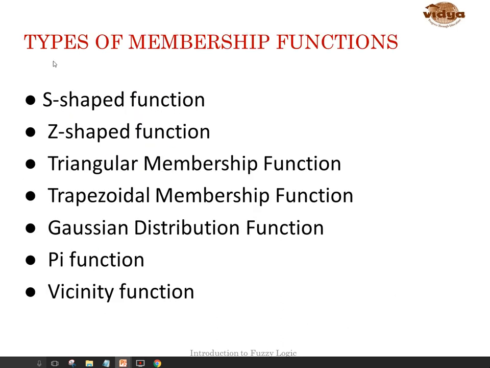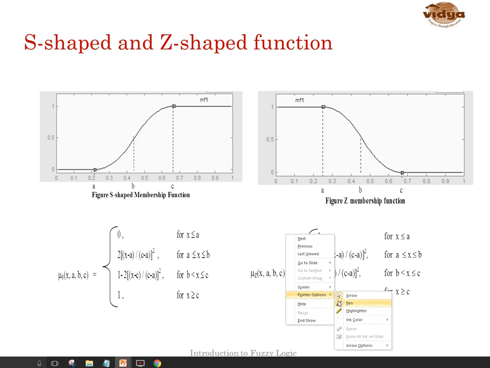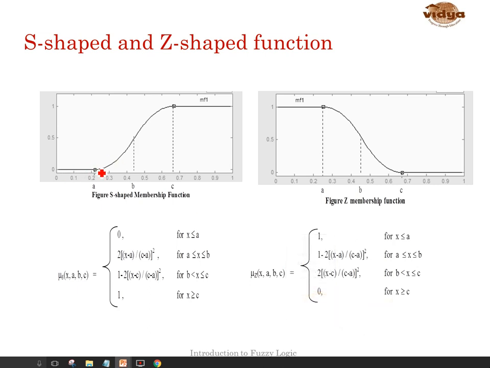Now, the types of membership function: S-shaped, Z-shaped, triangular, trapezoidal, Gaussian distribution, pi, and vicinity. The S-shaped membership function is represented in this form, with parameters A, B and C. If x is less than A, the value is 0.